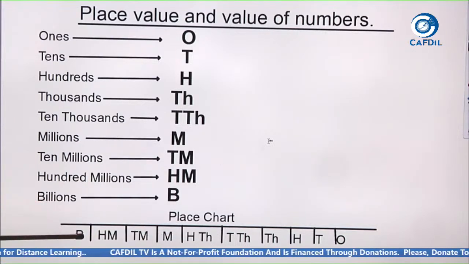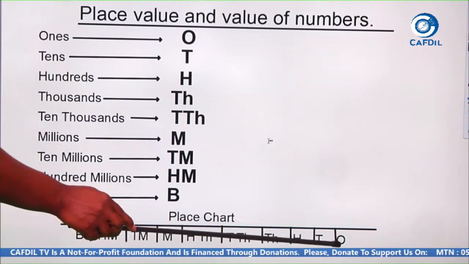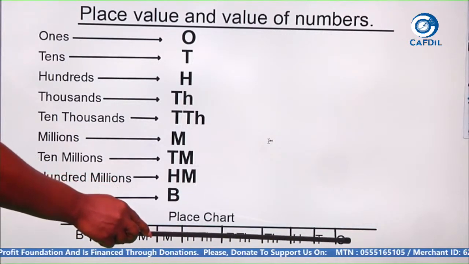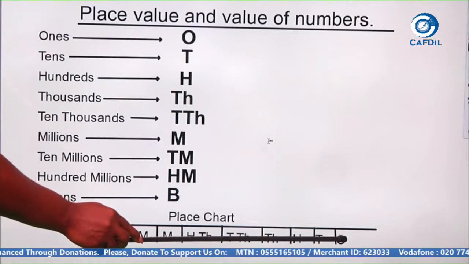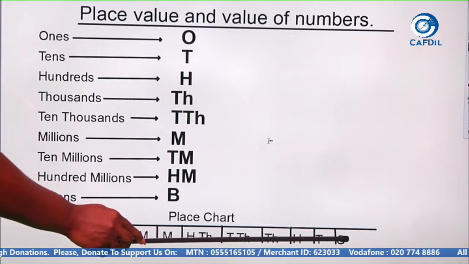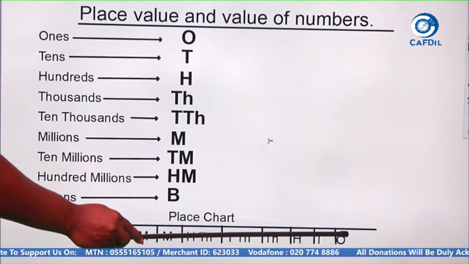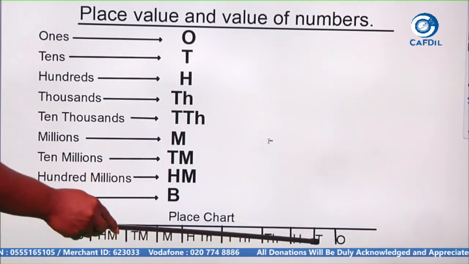Let's begin with the ones. From 0 up to 9, this is the place: 0, 1, 2, 3, 4, 5, 6, 7, 8, 9. As soon as we move to 10, the place changes.